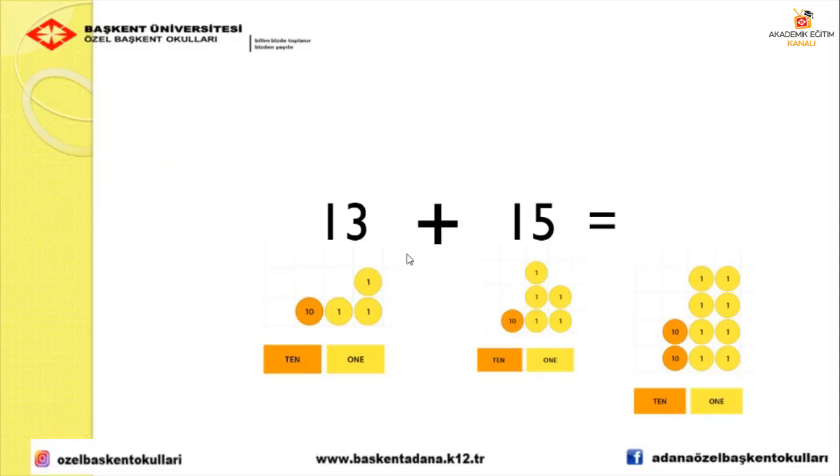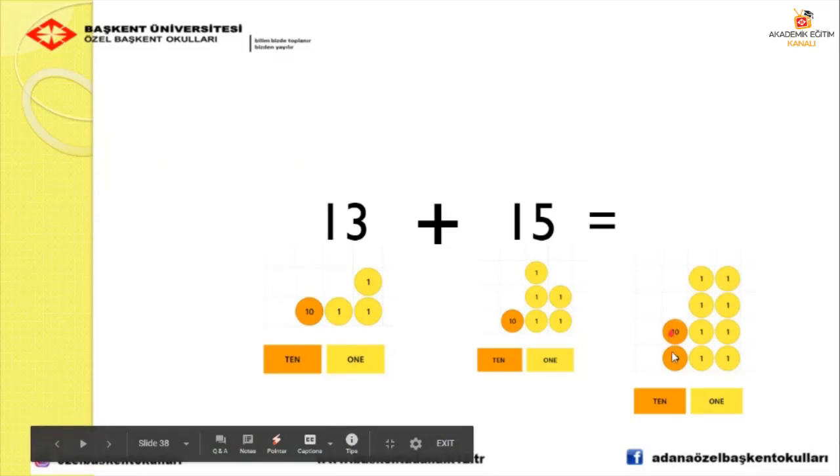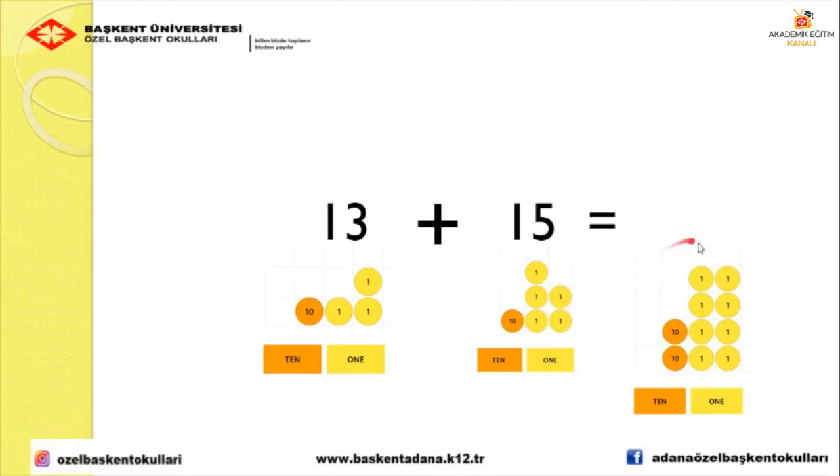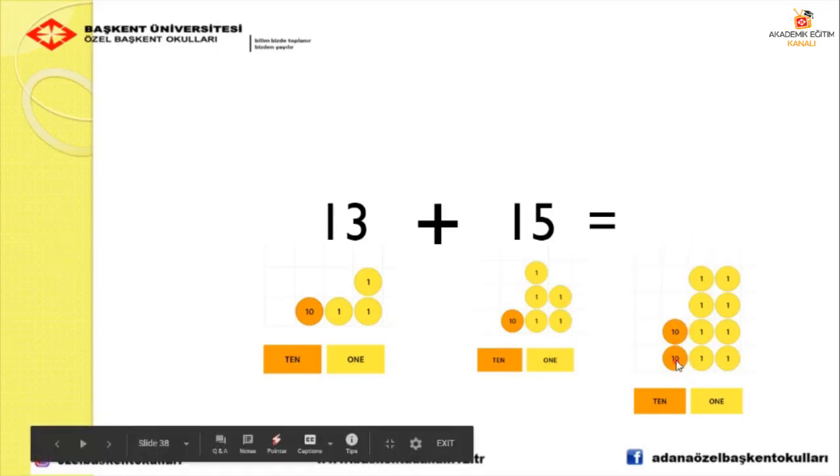Again, place value is very important because it will help us. We will put the tens with the tens, and we will add up to 2 tens. 3 ones plus 5 ones will make 8 ones. The answer is 2 tens, 20, 8 ones, 28.